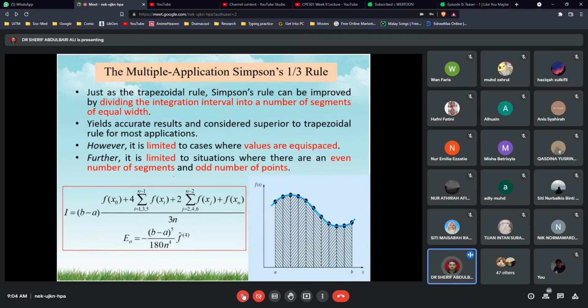So what is the equation that will help us calculate the multiple application of 1/3? This is the equation here.